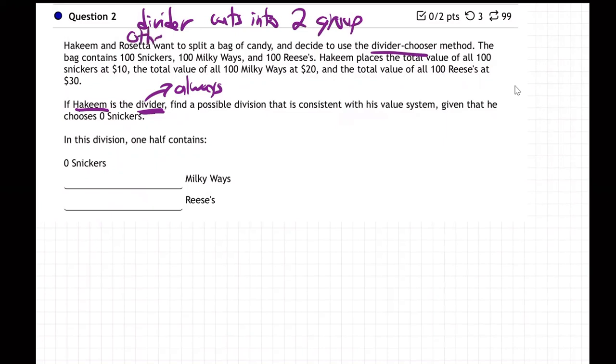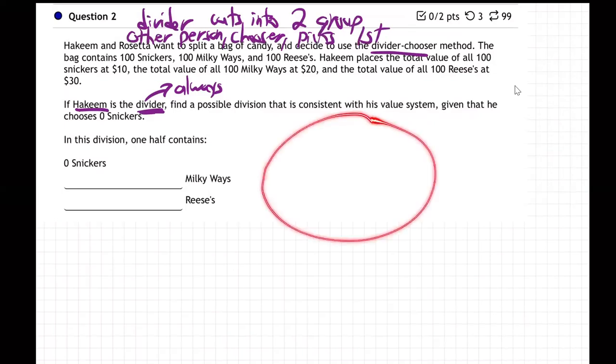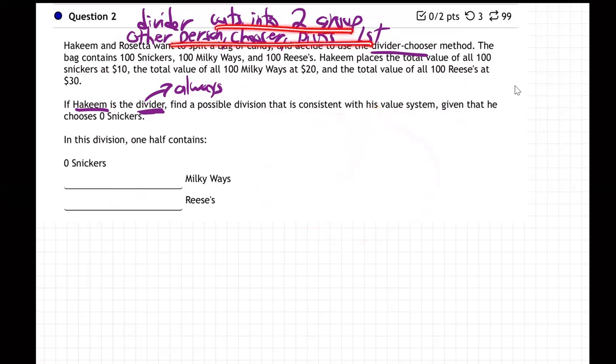The other person, called the chooser, picks first. So you remember how this method works, right? Like if you have a big cookie and one person is the divider, one person cuts it, and then the other person picks it. So the divider cuts it into 2 groups. The other person, called the chooser, picks first.